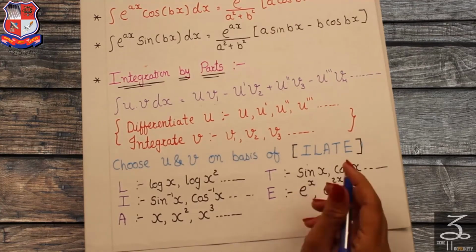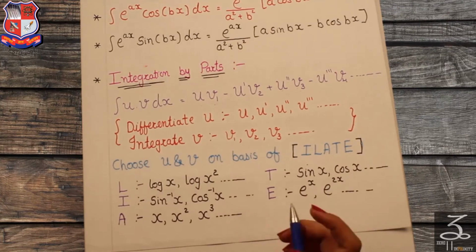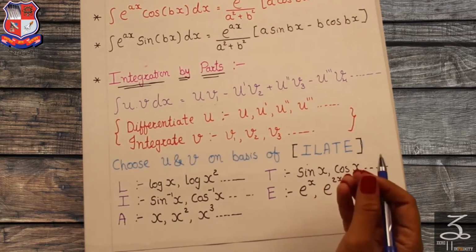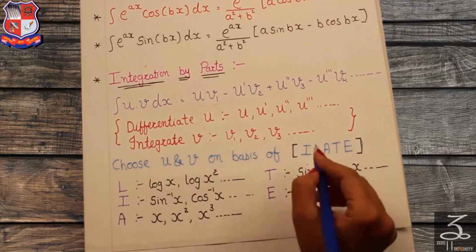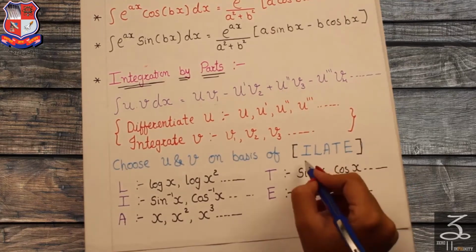T stands for trigonometric function, that is sin x, cos x, tan x, and so on. What does E stand for? Exponential function, that is e raised to x, e raised to 2x, e raised to 3x, and so on. The first term that comes is always taken as u.